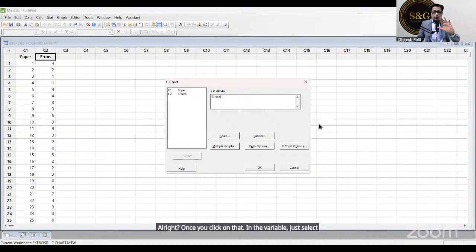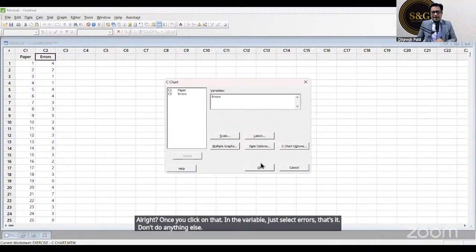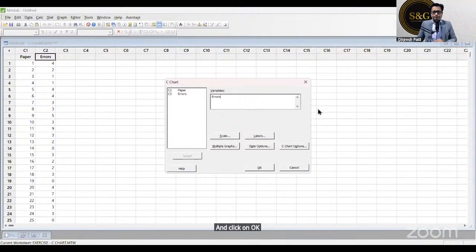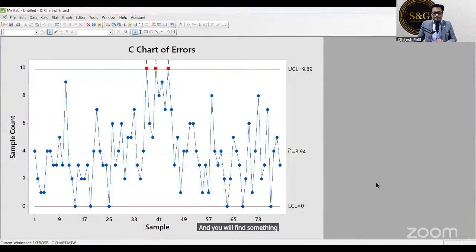That's it. Don't do anything else, and click on OK. And you will find something like this. So what we have done, we have selected defects.